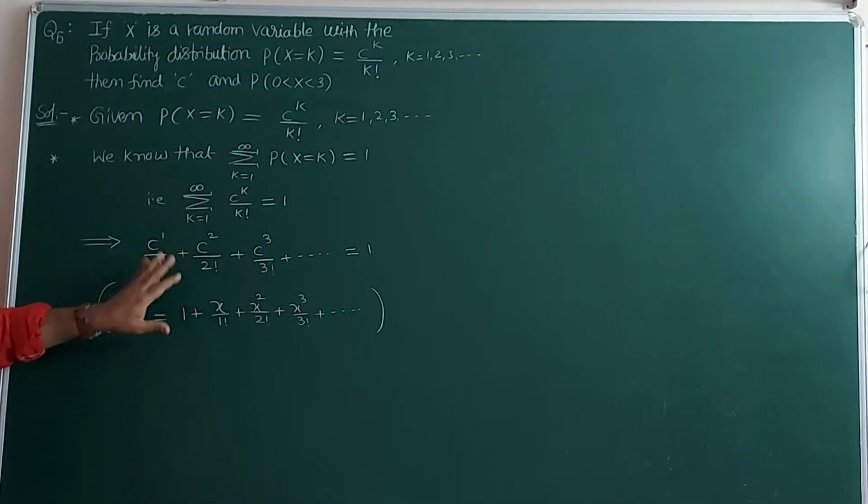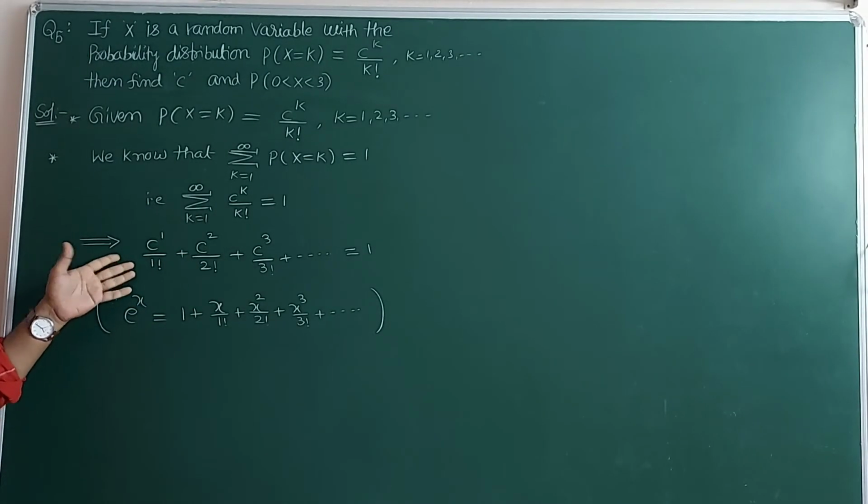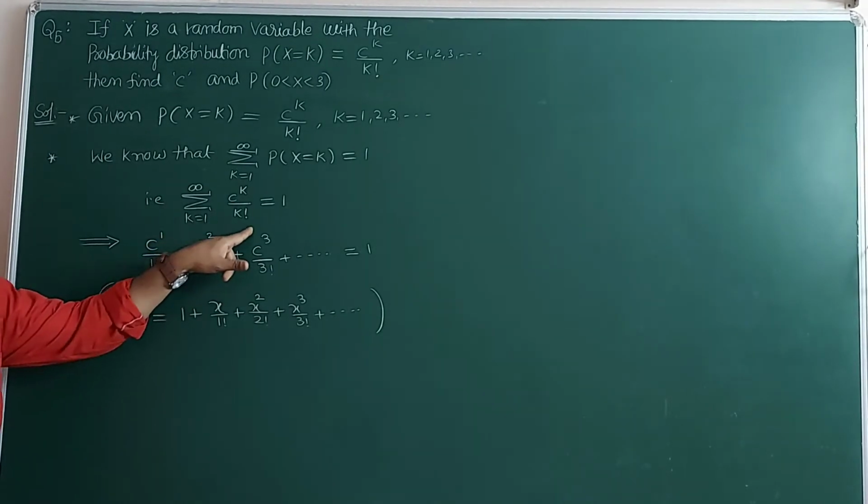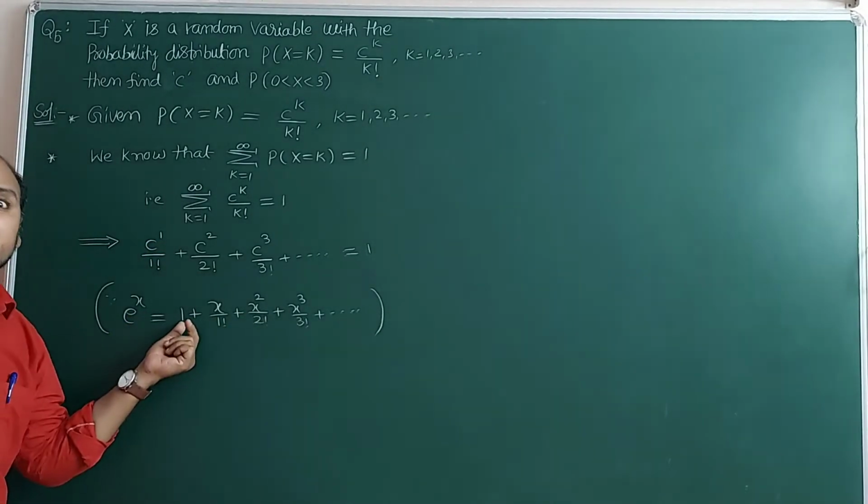As it is, wherever x is there, here c is there now: c power 1 by 1 factorial, c square by 2 factorial, c cube by 3 factorial and so on. But here 1 is not there.